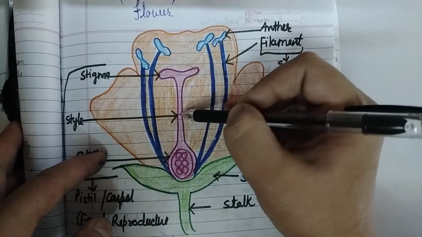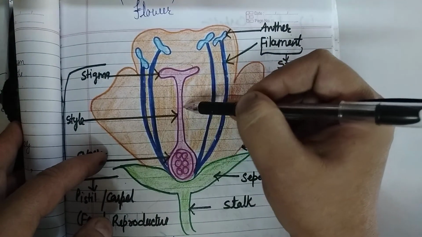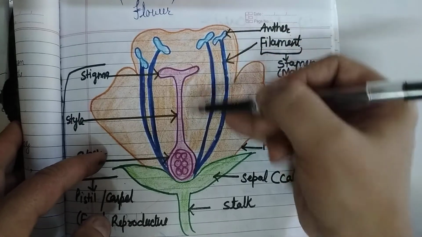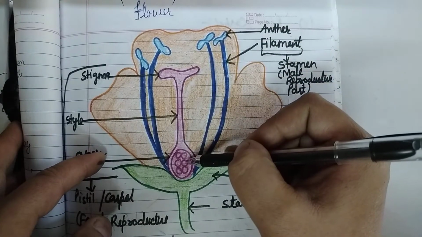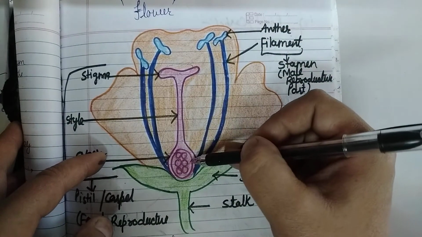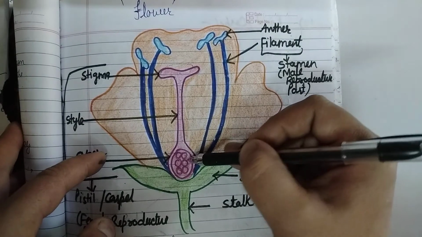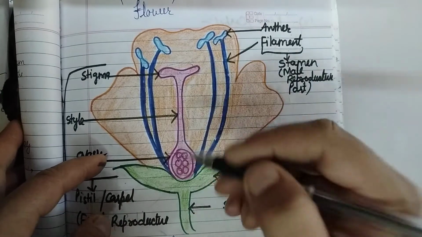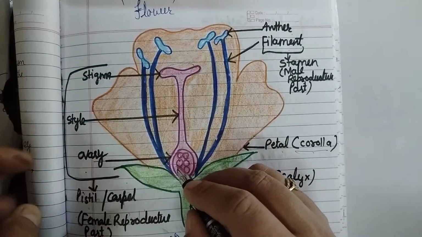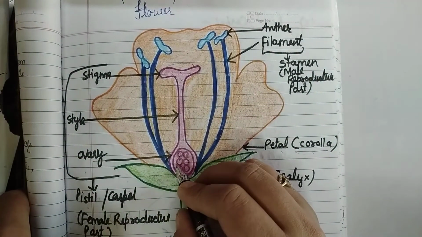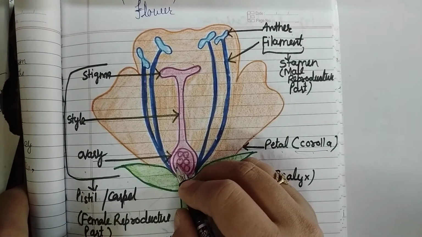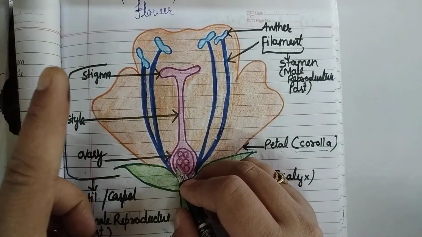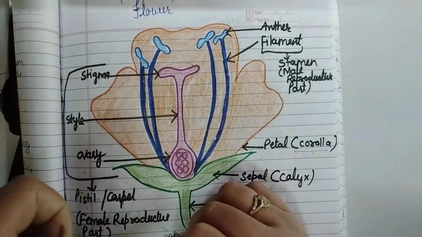And the middle part of the pistil is called style, and it is a tube which connects the stigma to the ovary. The swollen part at the bottom of a pistil is called ovary, and the ovary contains ovules. These are tiny structures. Ovules produce the female gamete, and each ovule contains only one female gamete called egg.